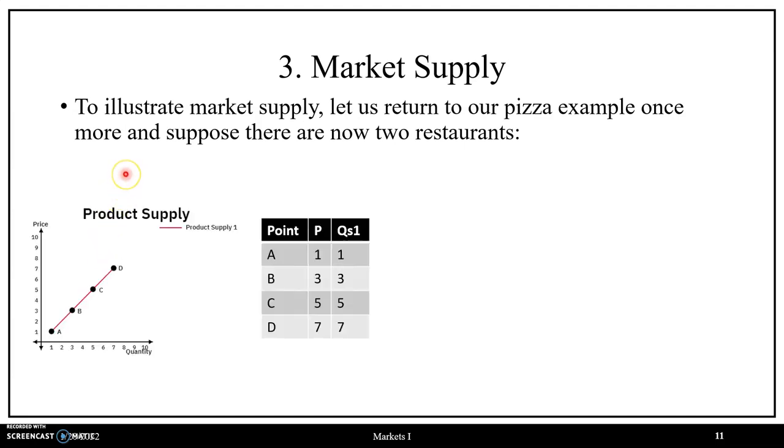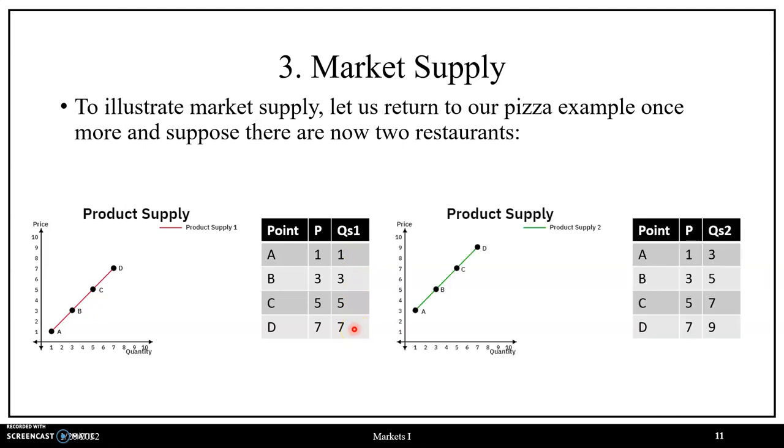So we have our first location and we have their product supply curve and schedule, price on the vertical axis, quantity on the horizontal axis, upward sloping curve, positive relationship between price and quantity supplied, where at each price point the restaurant owner is willing and able to supply a quantity of pizza slices. And now we're introducing the restaurant owner's second location for selling pizzas, where it too has a product supply curve, where at each price point it is willing and able to sell a corresponding amount of pizza slices.